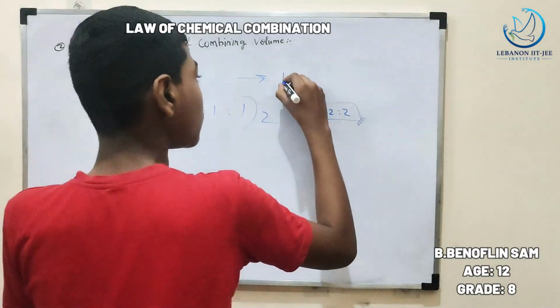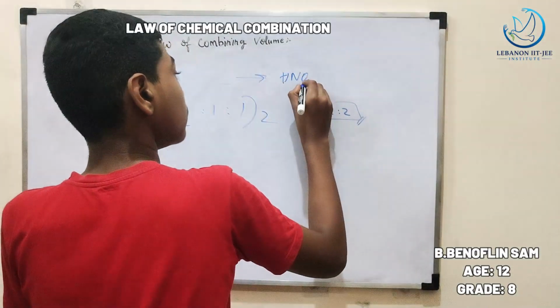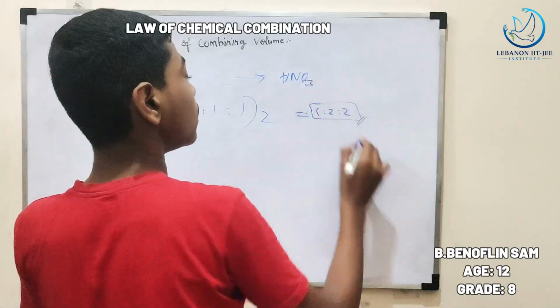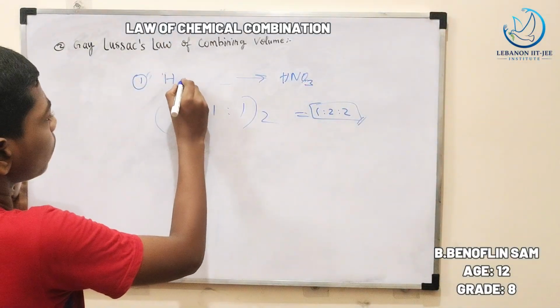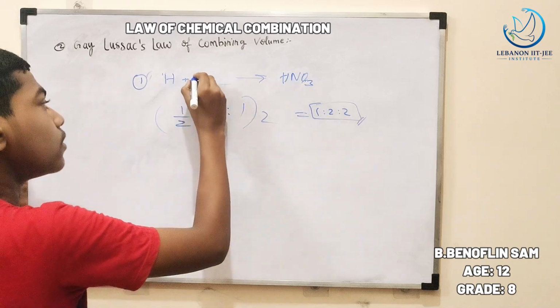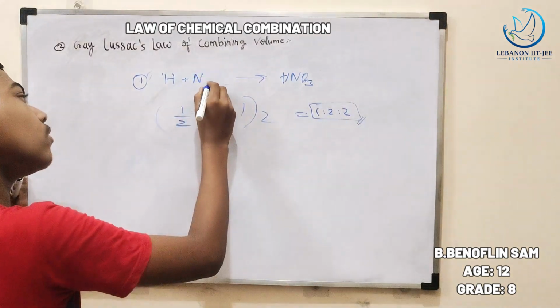Then HNO3. How do you get HNO3? I'm telling you, nitric acid means H plus N plus O.